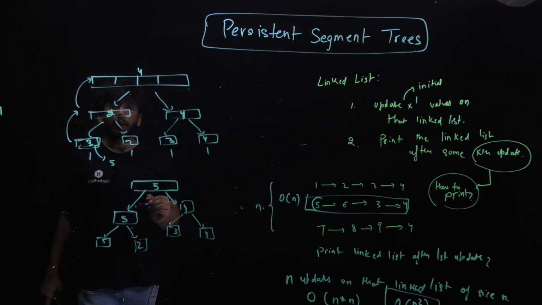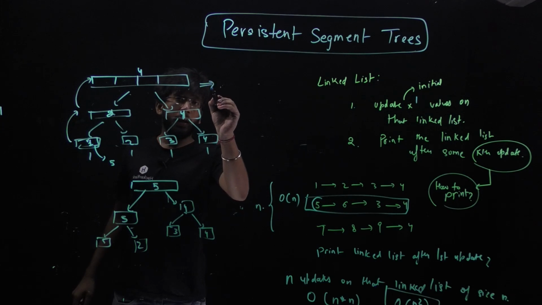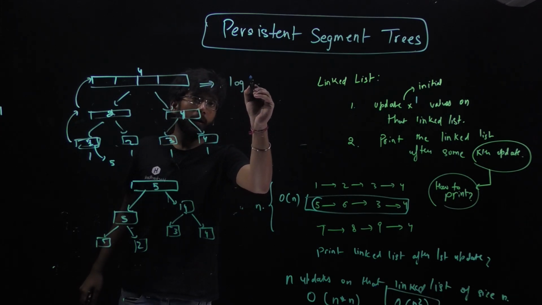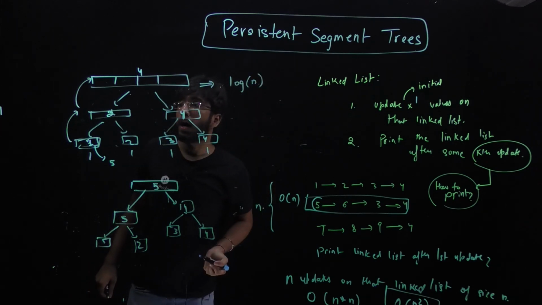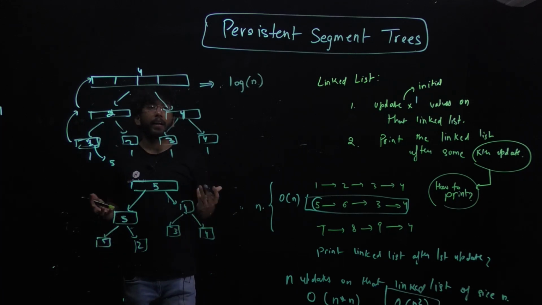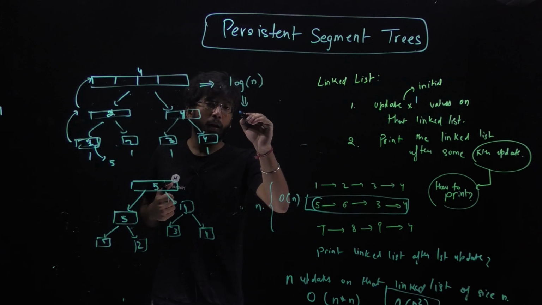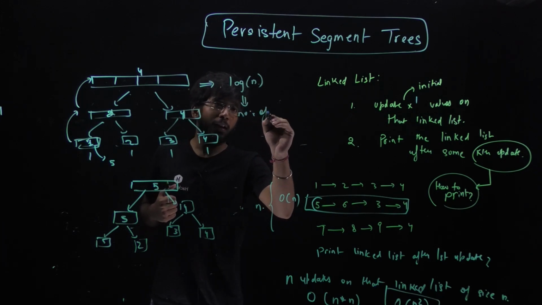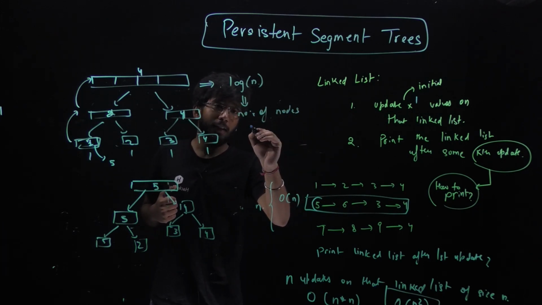That's the catch. So it gives us a log n update. So basically we have log n number of nodes that are actually updated.